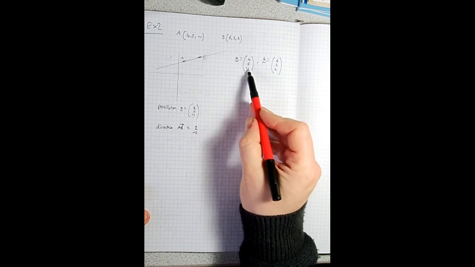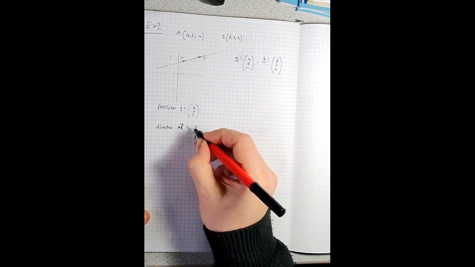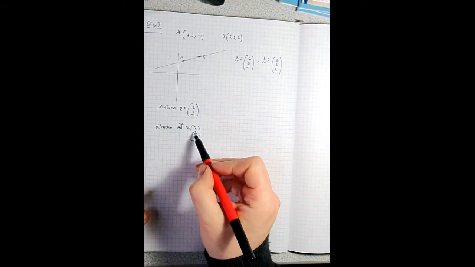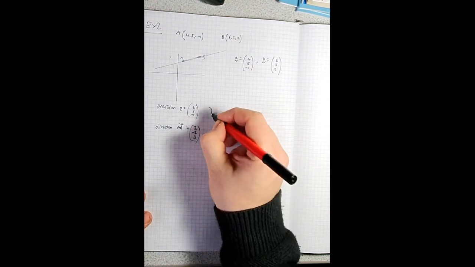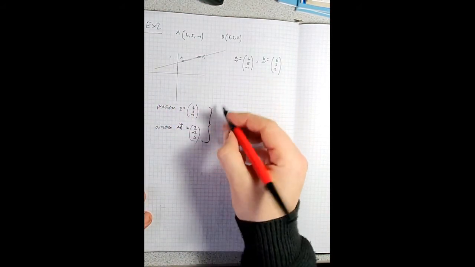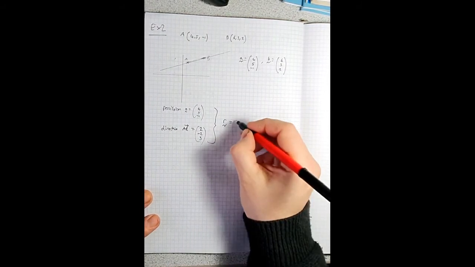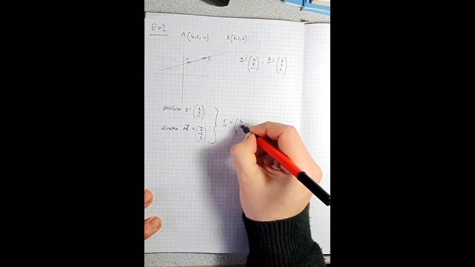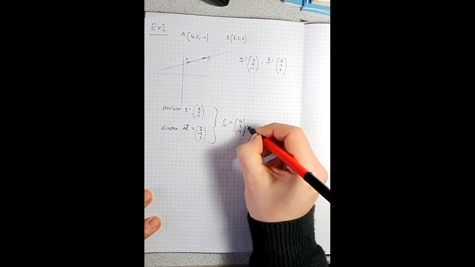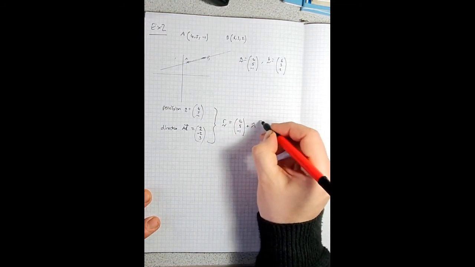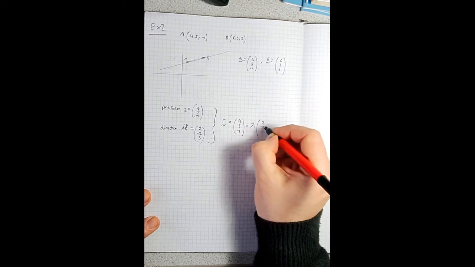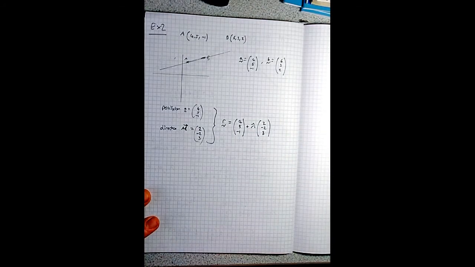How do I get from minus 1 to 2? I add 3. So that's my direction part, which means the line is defined by the positions that you reach by starting at (4, 5, minus 1) and adding on some multiple of (2, minus 2, 3).